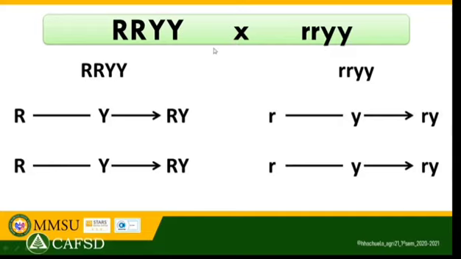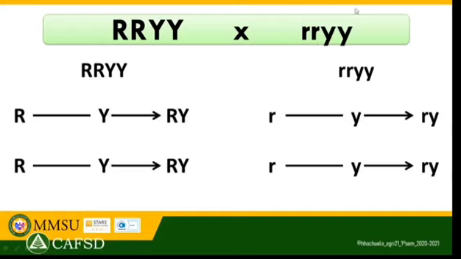Okay? But before we cross them, let us first determine their gametes. So the gamete for this individual is dominant R, dominant Y. Okay? So take each gene pair independently. We get dominant R, dominant Y. That is the combination of the dominant R and the dominant Y. Same is true with this.